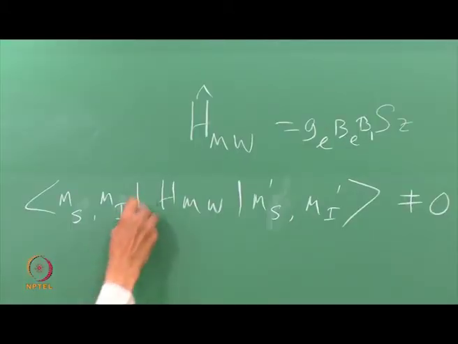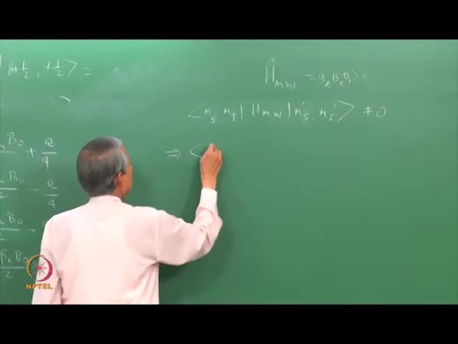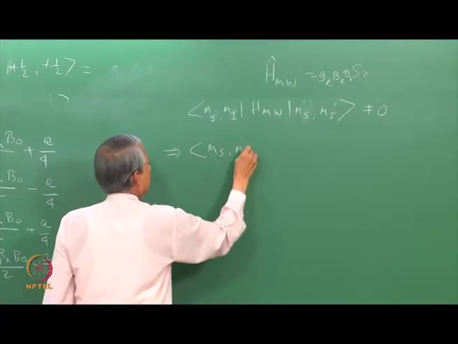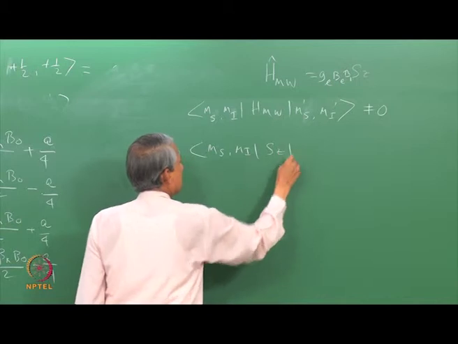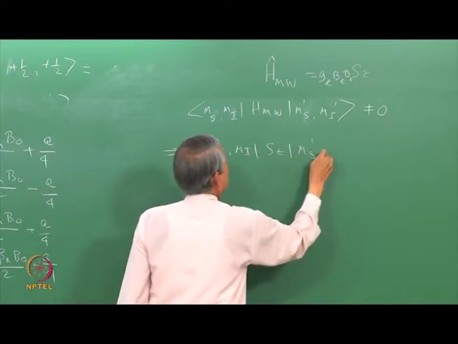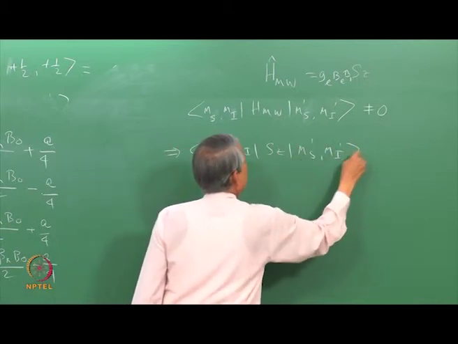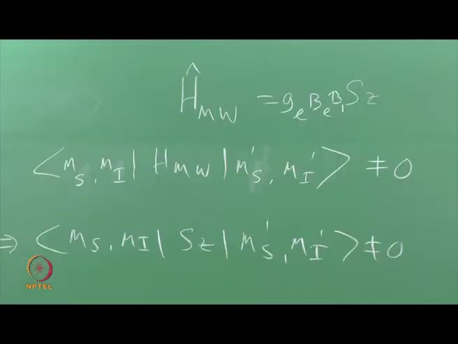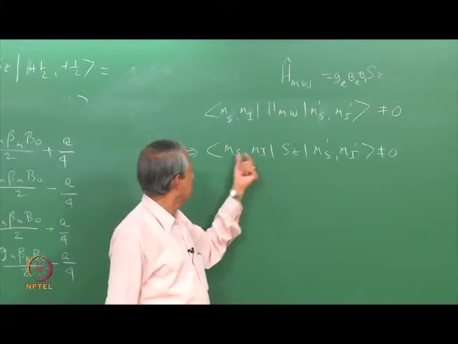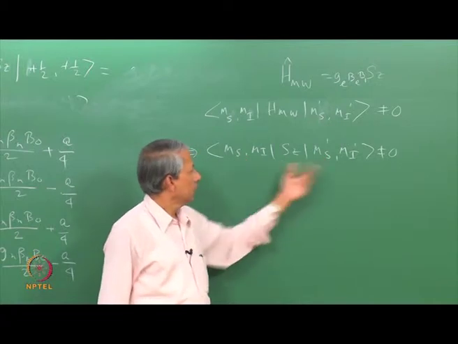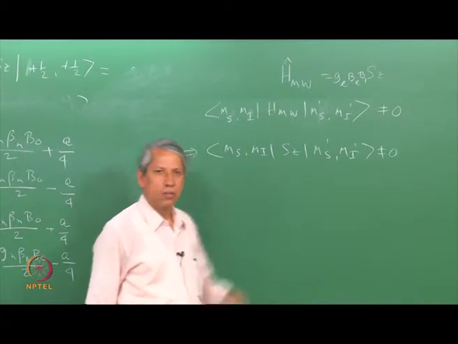Now, here you see that this is as good as saying <M_S M_I|S_z|M_S' M_I'> has to be non-zero, but then all these 4 energy levels are eigenstates of S_z. So, unless M_S is equal to M_S', this will be 0.